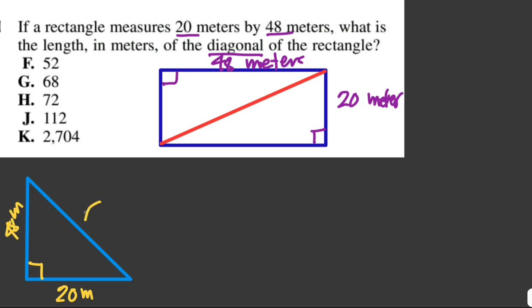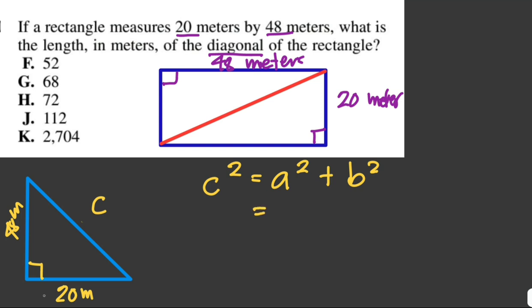And this one, which is the diagonal of the rectangle, is now the hypotenuse of the right triangle. By using the Pythagorean theorem, let's say the hypotenuse is equal to c, then c squared is equal to a squared plus b squared, where a and b are the legs of the right triangle.